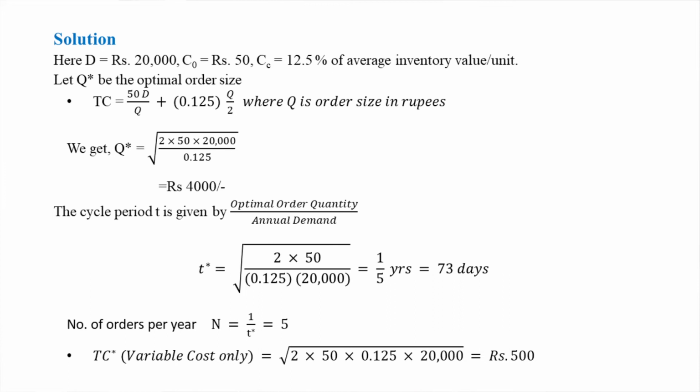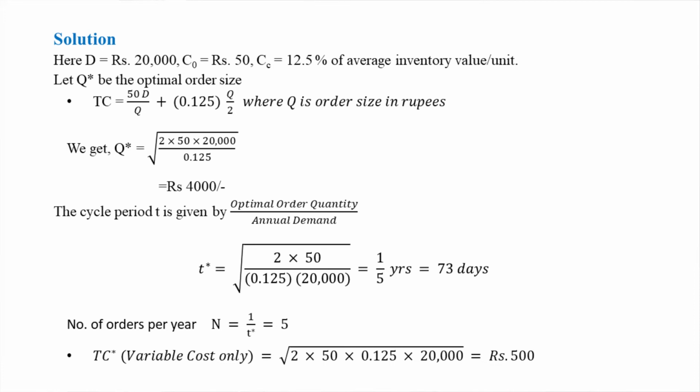Now how will you calculate the order quantity? To calculate Q, you have a formula: square root of 2 multiplied by annual demand multiplied by the ordering cost, divided by the carrying cost, which is 12.5%, or 0.125. So you get the order quantity as 4,000.